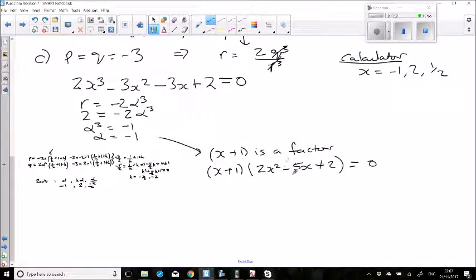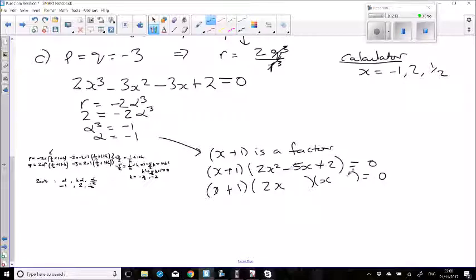And then we can just check that that expands to give the right thing. So that's going to give us -5x squared minus 5x plus 2x. There we go. Once you've done that, we can just then factorize this one. So it must be x there.